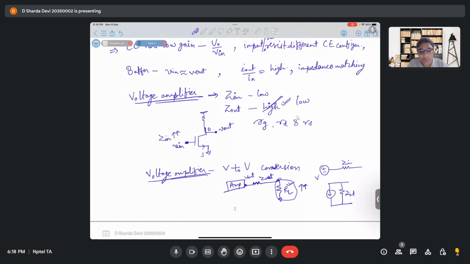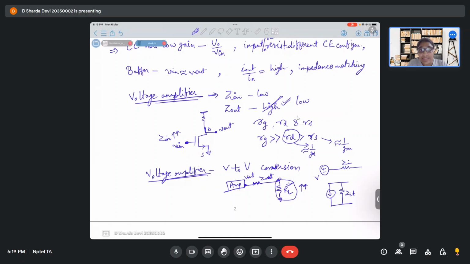No? Okay, let me tell you. In case of a MOSFET, RG is much larger than RD, then RS. So this is the trend it follows. RD is close to 1 by GD, whereas RS is close to 1 by GM. GM and GD are at least 3 orders apart, so there is a difference of 1000 times between RD and RS.